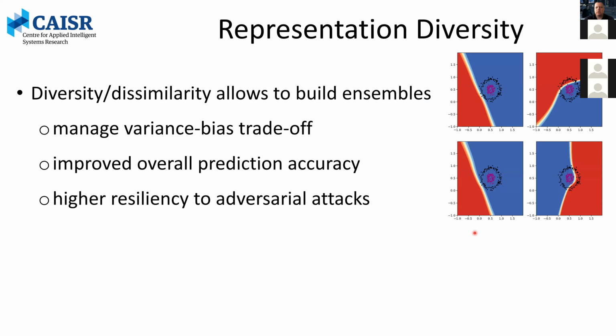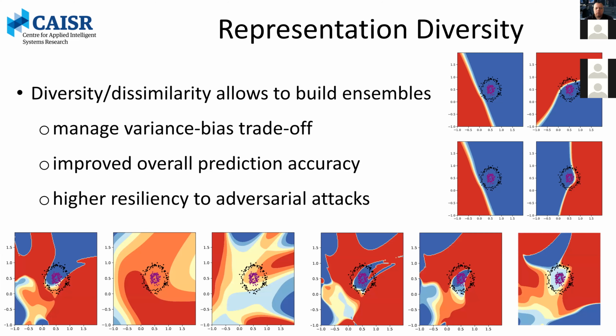And what we actually are showing is that you can make much more diverse classifiers if you focus more on this representation diversity. So here are some examples of how diverse decision boundaries you can make if you actually play with the underlying representation of the data.